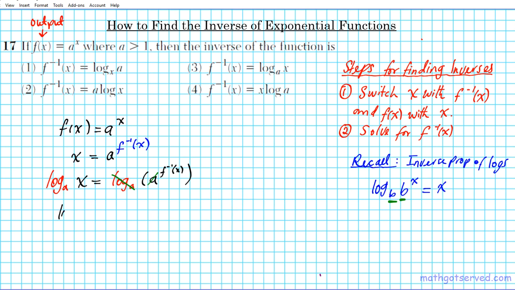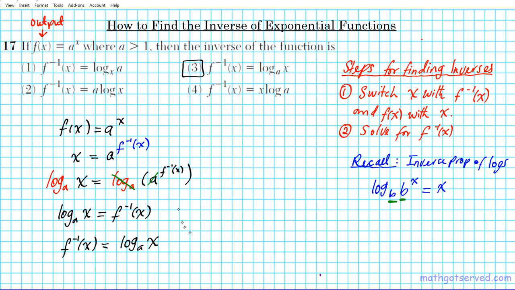We are left with log base a of x equals f inverse of x, which is our goal. We solved for f inverse of x. Using the reflexive property of equality, we can write f inverse of x equals log base a of x. The answer to question number 17 is option number 3.